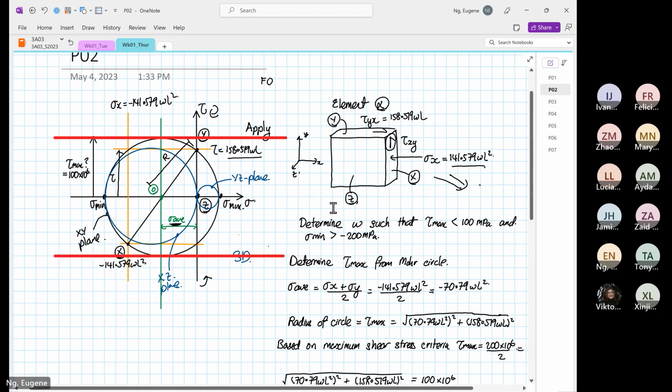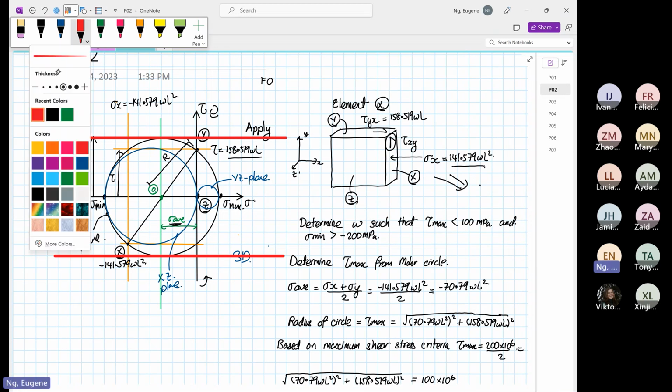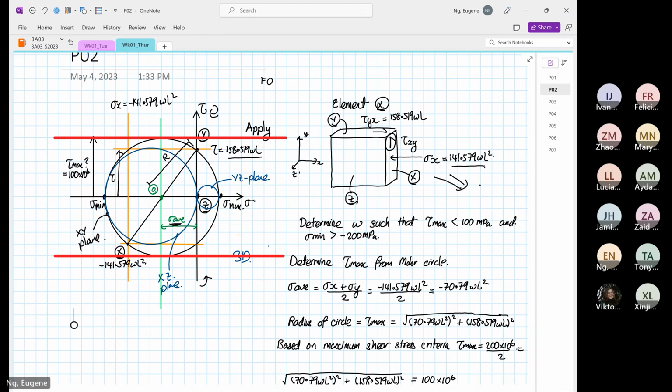This is our 100 times 10 to the power 6. One is positive, the other one is negative. So the Mohr circle that we have drawn is the biggest diameter. It cannot be any bigger than that anymore.